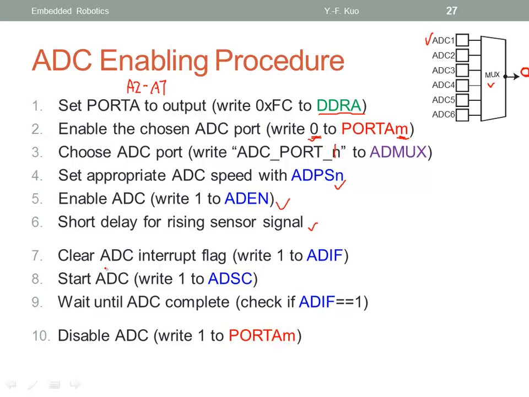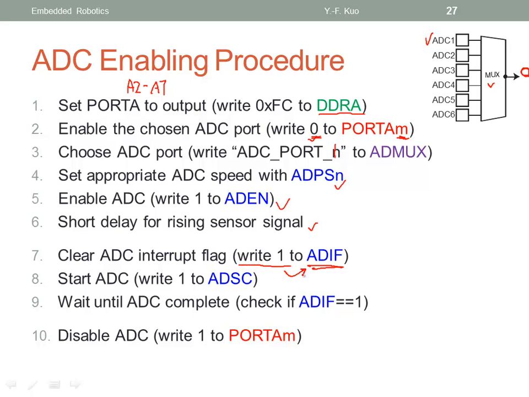And then we clear the ADC interrupt flag, so it will start to convert. And it is very special. If we want to clear this ADC interrupt flag, that is the bit ADIF, we have to write 1 to it. It is 1 when ADC conversion is done, but in order to clear it, we also write 1 into it.